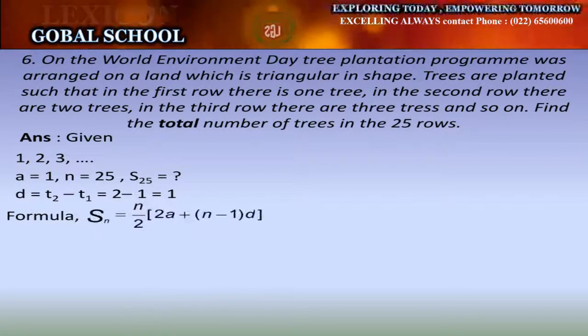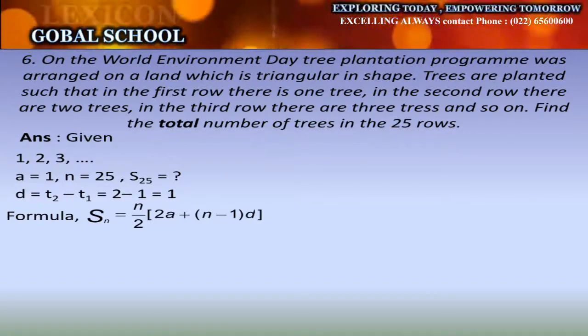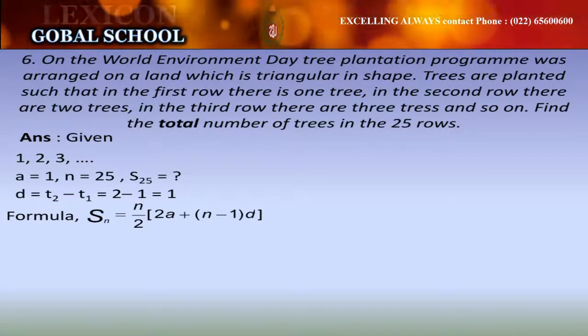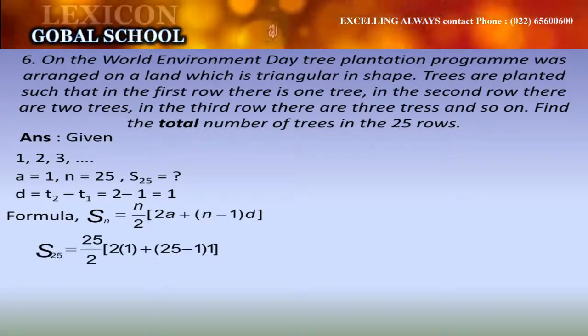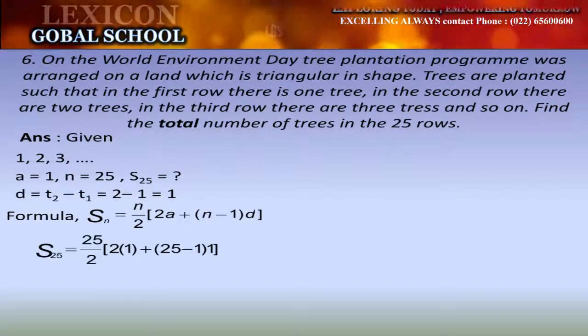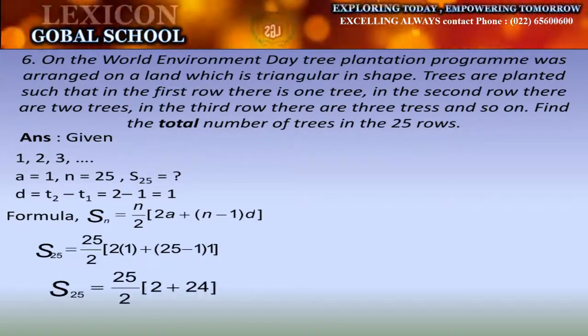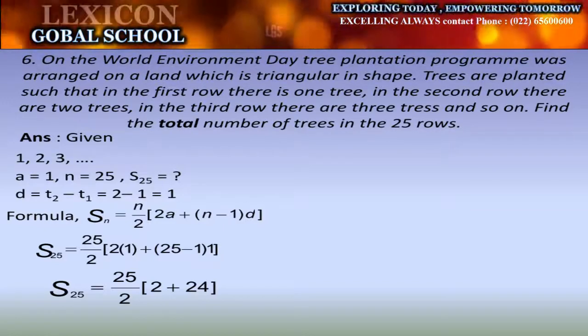Formula is Sn equals n upon 2 into 2a plus n minus 1 into d. Let us substitute the values. S25 is equal to 25 upon 2, 2 into 1 plus 25 minus 1 into d. D is also 1. S25 is equal to 25 upon 2, 2 ones are 2 plus 24.